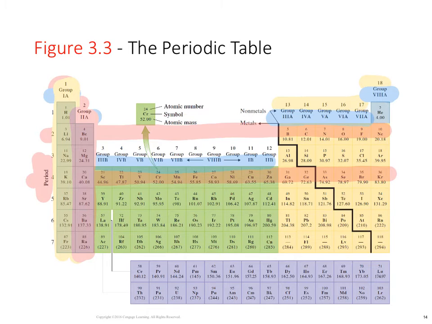The halogens are group 7. And the noble gases are group 8. So again, alkali metals, group 1. Alkaline earth metals, group 2. Halogens, group 7. And noble gases, group 8.